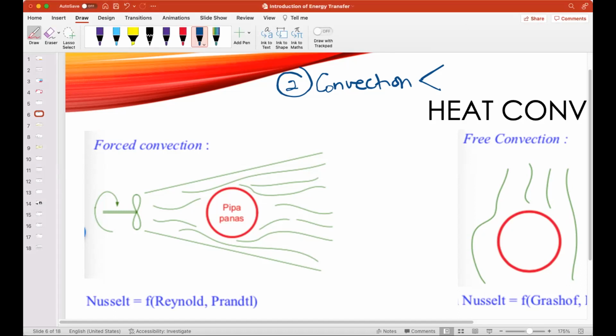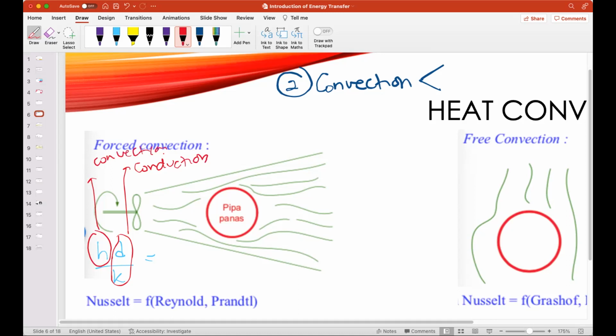The Nusselt number is h d over k, where k is the conduction and h is the convection.